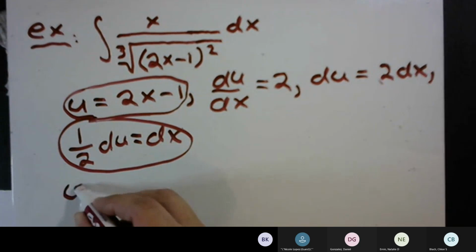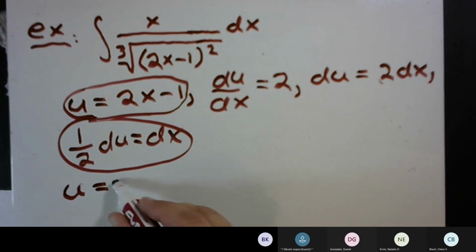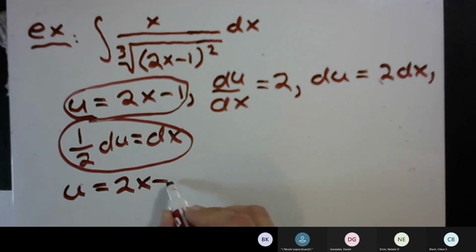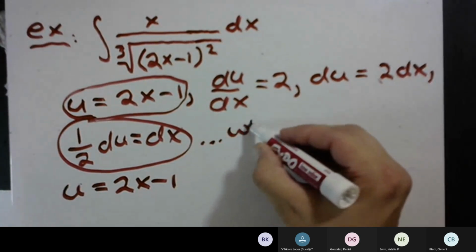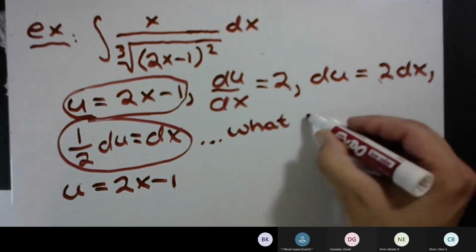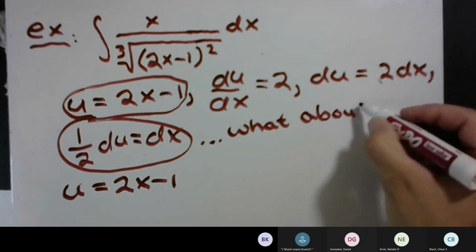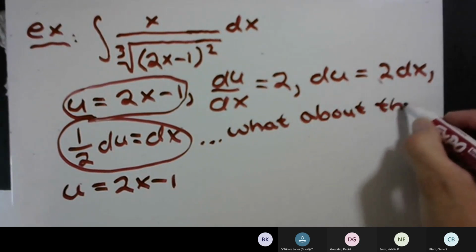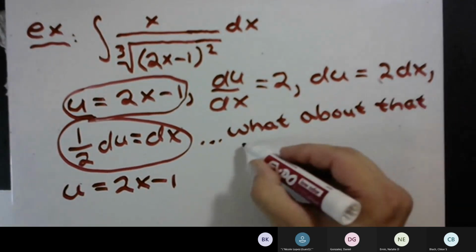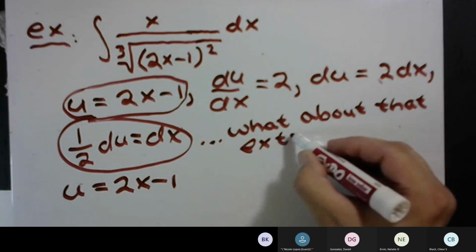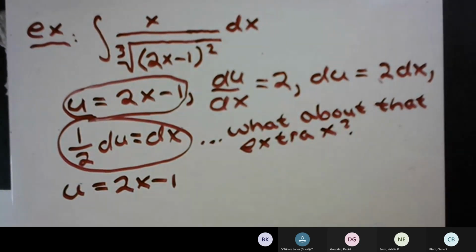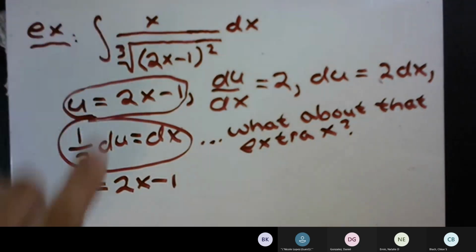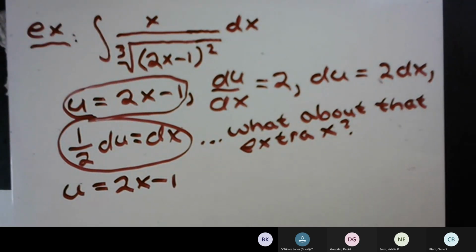Well, remember, u equals 2x minus 1. I'm just going to make a note here. What about that extra x? So this is what we can do.